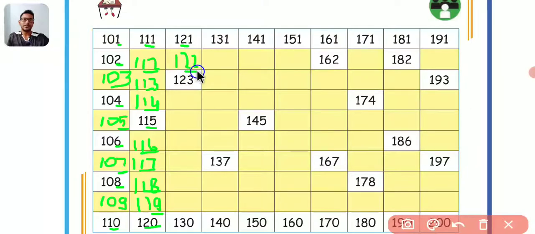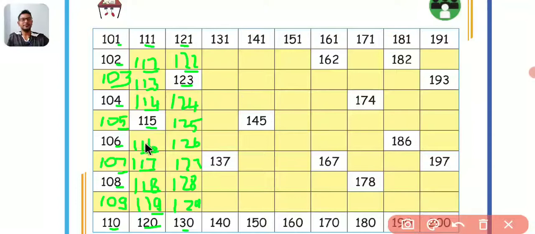What is next to 22? 23, 123, then 124, 125, 126, 127, 128, 129, 130. So if you continually follow this process, you can fill all the boxes.